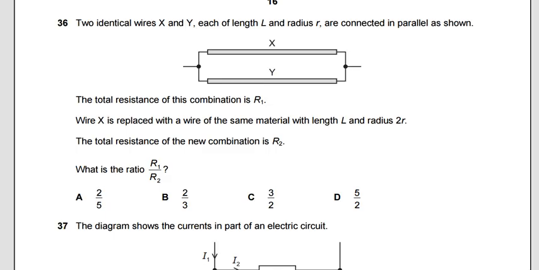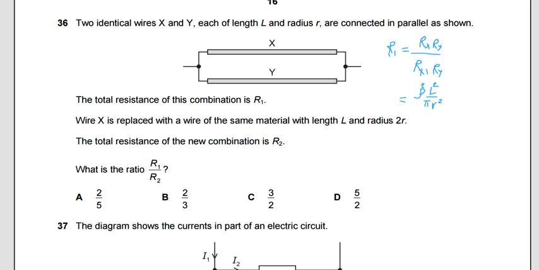It's a quite difficult ratio problem, but here it is. R1, which is the total resistance for the two parallel resistors X and Y, is Rx Ry over Rx plus Ry. Rx is rho L over pi R squared, times Ry, which is the same, gives squared.